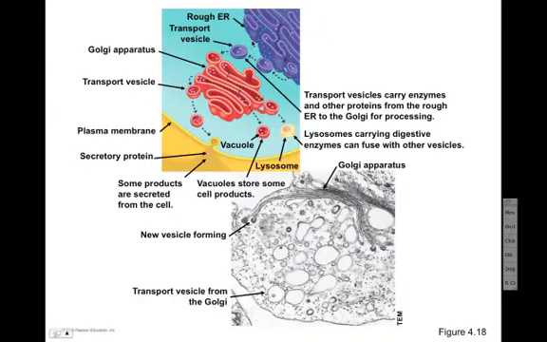The transport vesicle goes to the Golgi apparatus, and the Golgi apparatus buds off a transport vesicle that in turn will go to the cell membrane, and some of it will be secreted from the cell. Some may stay inside the cell. It all depends on what the product was.